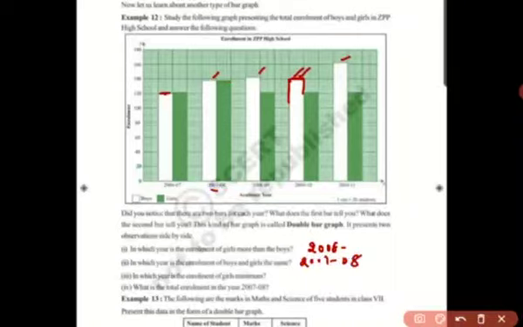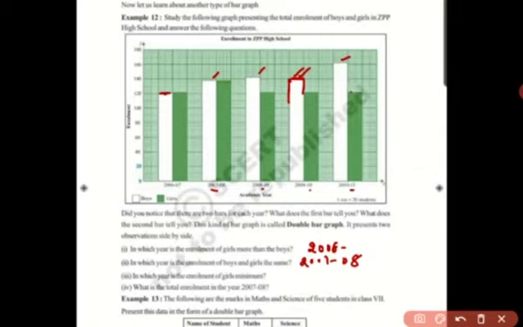Girls enrollment is very low. The minimum is in 3 years, you can say. It is 2008 to 9, 2009 to 10. Are they the same? Yes, 2010 to 11.